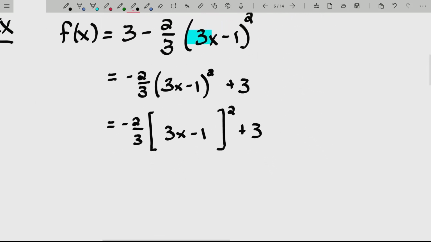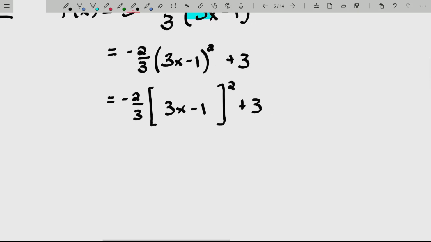Nothing really radical there. The next thing I'm going to do is factor off of the x and the constant there. I want the coefficient of x to be a 1, so I'm going to factor a 3 off of both x and that 1.